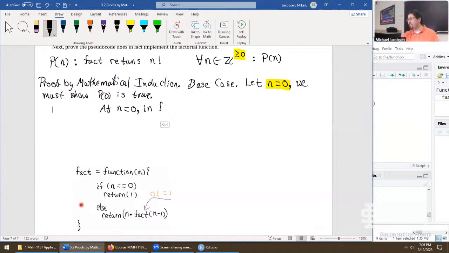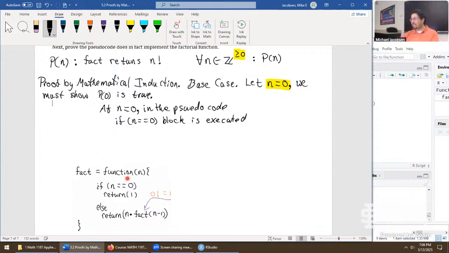Let me say this better. In the pseudocode, let's see what happens. We begin with the function. All it does is begin with an if-then. But if we set n to 0, this is the block that's executed right away. In the pseudocode, if n is identically 0, the block is executed.